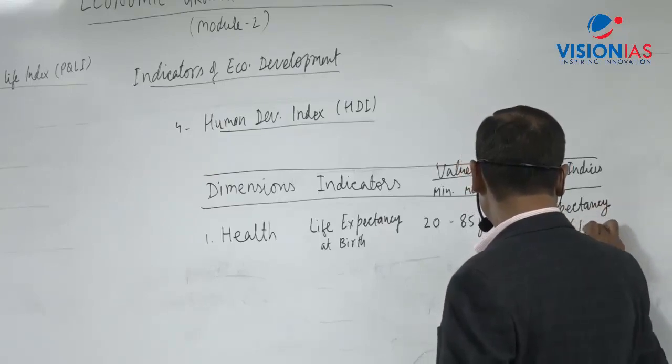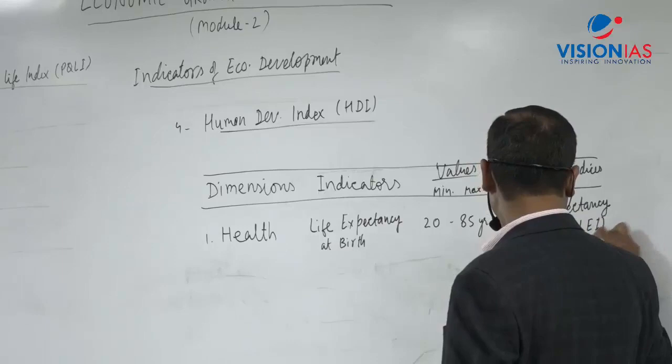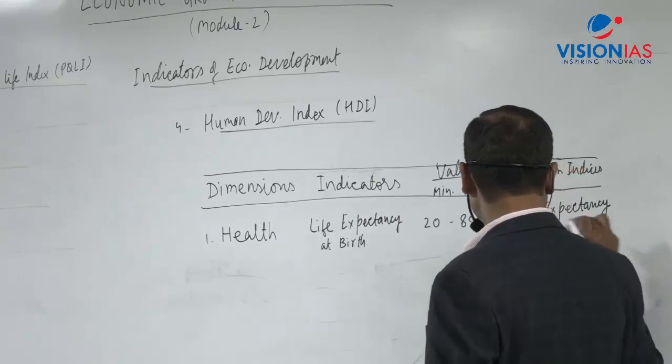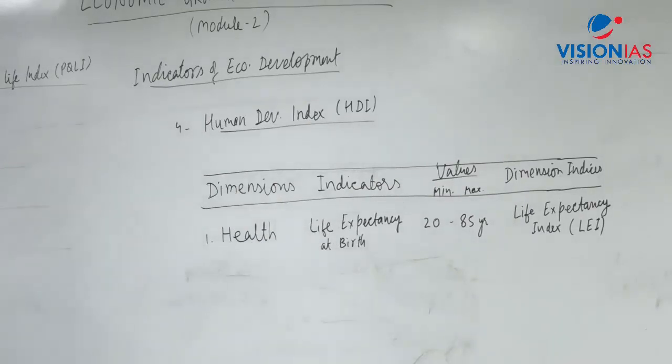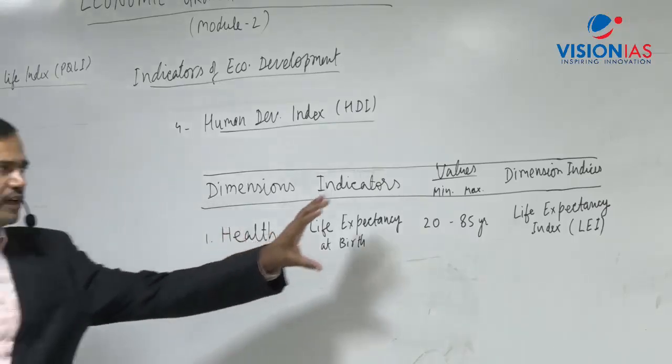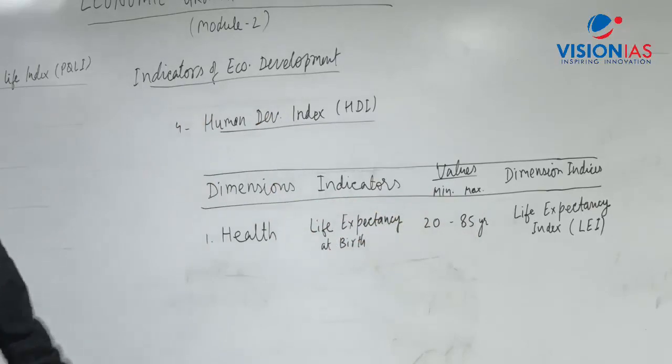In short called LEI, Life Expectancy Index, LEI. Okay, so dimension, then indicators, then values, and then dimension indices.